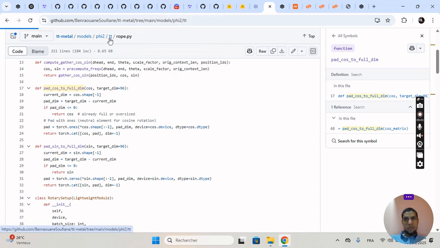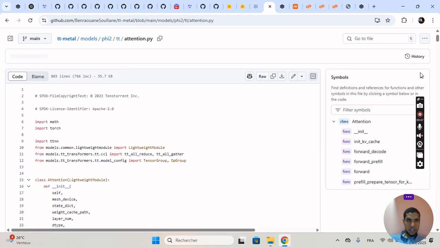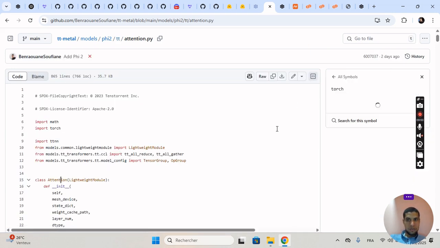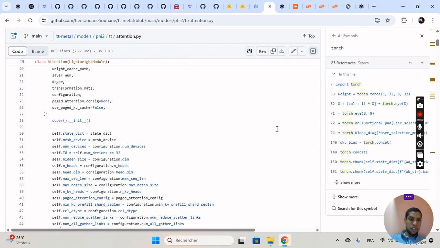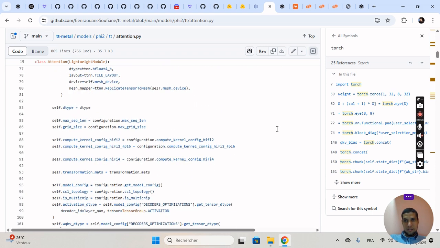So to be ready for the attention, which I split, we are always on the prefill step.